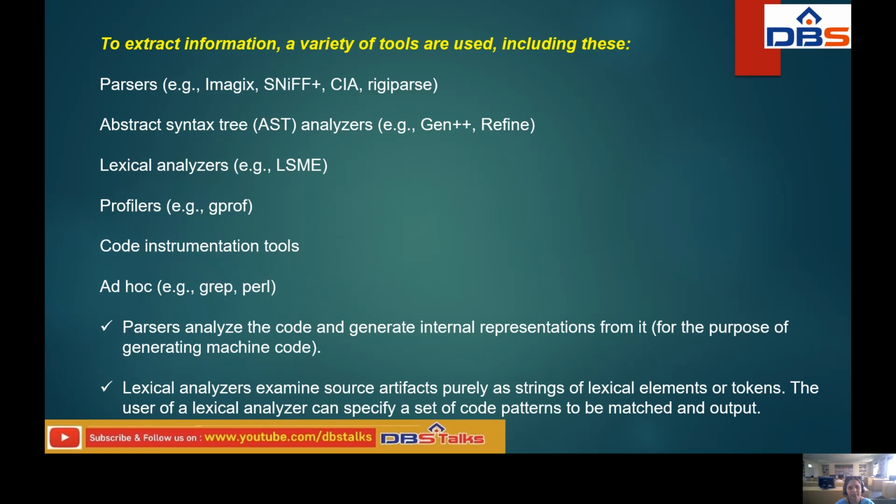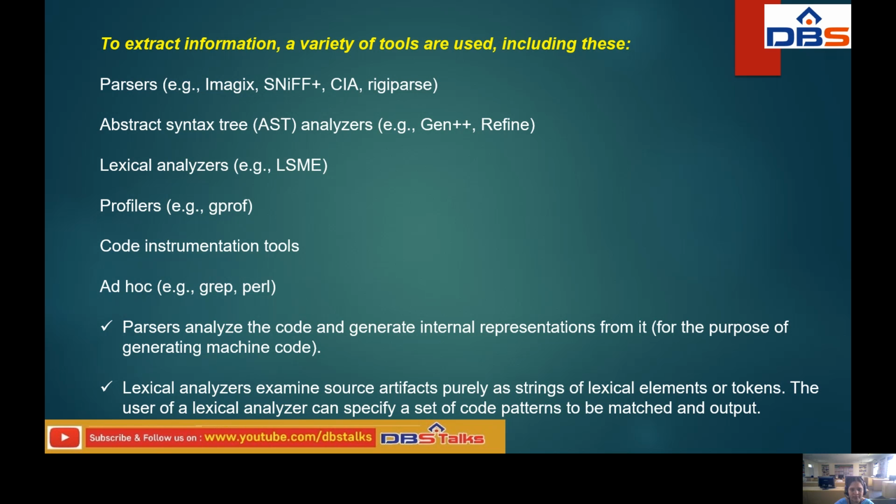These are the variety of tools we use to extract the information: parsers, abstract syntax tree analyzers, lexical analyzers, profilers, code instrumentation tools and ad hoc tools. The parsers analyze the code and generate an internal representation from it, for the purpose of generating machine code and intermediary code also.